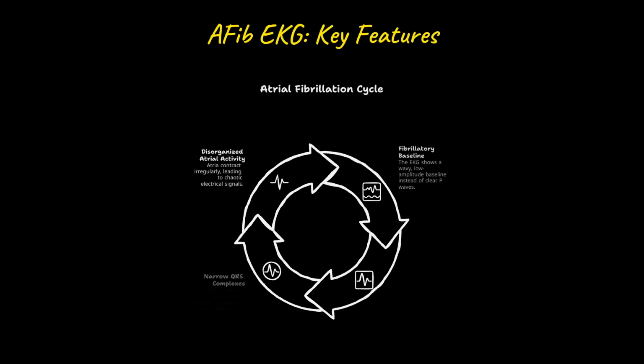In atrial fibrillation, hundreds of chaotic impulse wavefronts fire simultaneously across the atria at rates between 300 and 600 per minute. No coordinated depolarization occurs, so no organized P waveforms. Instead, the baseline becomes a chaotic, undulating smear. The fibrillatory baseline is the hallmark of this arrhythmia.